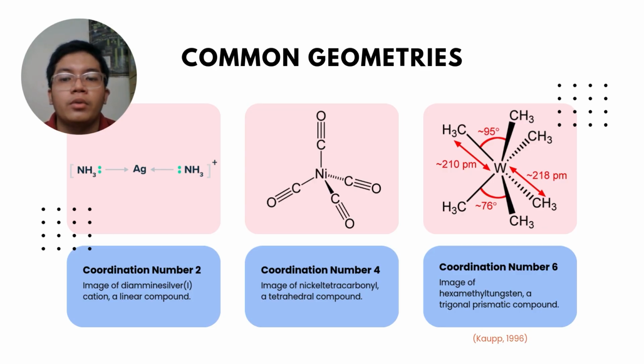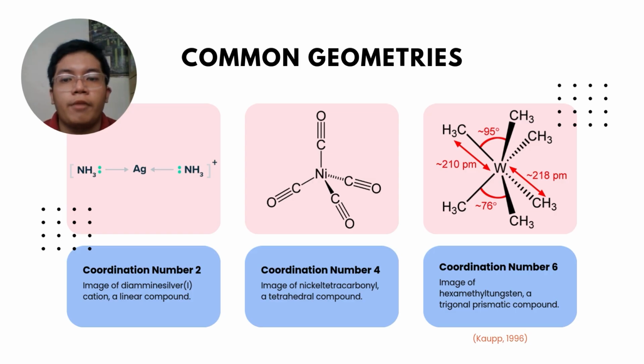Square planar compounds are the least common geometry of coordination number 4, with appearances only in d8 electronic configurations and ligands attaching to a central atom at 90 degrees of each other. One example of a square planar compound is the tetrachloroplatinate(II) ion with 4 chloride ligands attached to a platinum central atom.